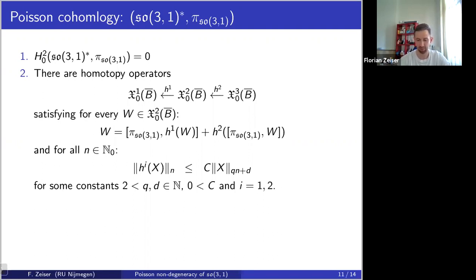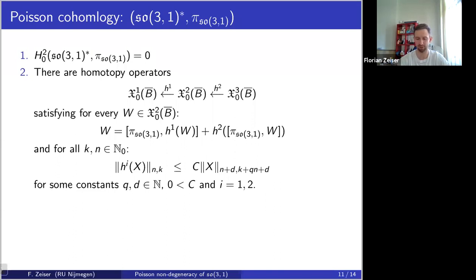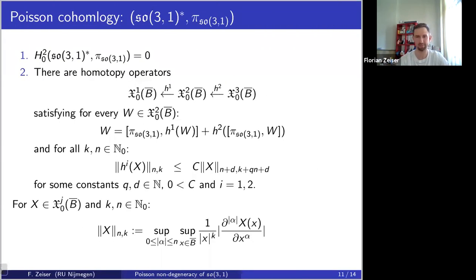What we do is look at a different type of norm, which corresponds more naturally to the flat vector fields we are looking at. These norms have two indices. The n still corresponds to the derivatives, but now the k is something new. The (n,k)-th norm is defined in the following way: we take all derivatives up to order n, and then we multiply by 1 over x to the power k.